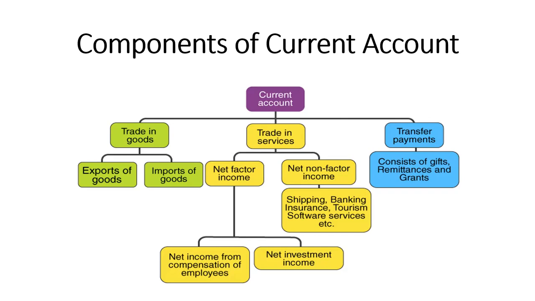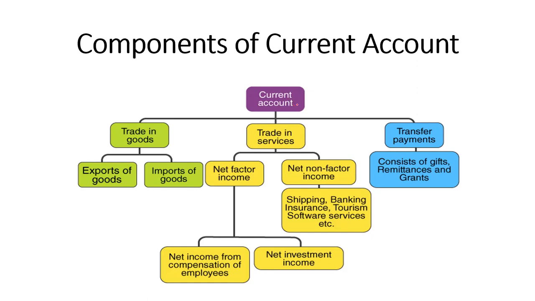In case of trade in services, there will be net non-factor income and net factor income. This non-factor income will be divided into shipping, banking, insurance, tourism, software services, etc., because these are indirect incomes being received. So this will be considered in trade in services.